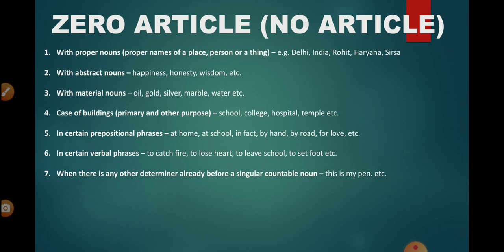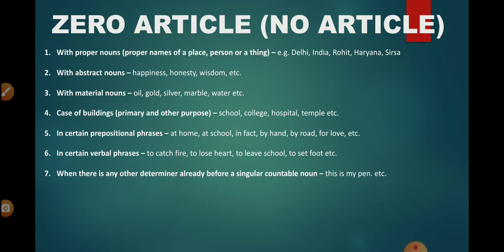And if we say he is a boy, boy is also a name, but boy is a common name that can be used for any boy. But Rohit is the proper name of a particular boy. This is the difference between common and proper noun. So with all the proper nouns we use zero article, meaning no article, neither definite nor indefinite, neither a, an nor the.